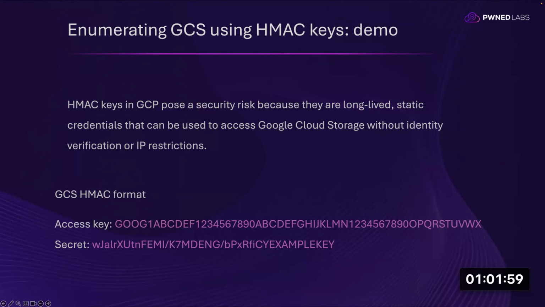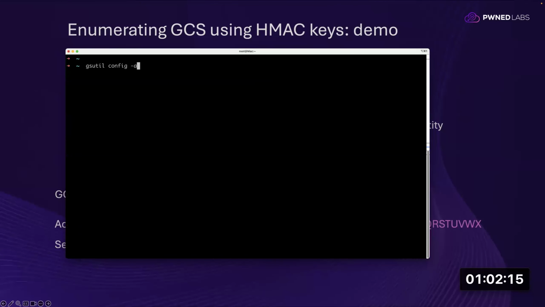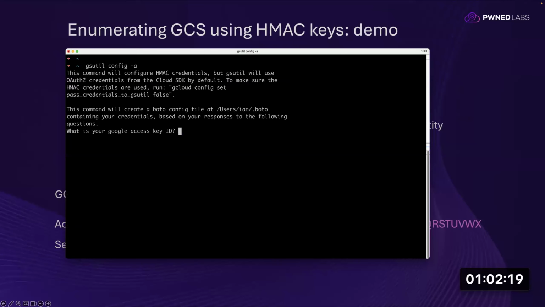So let's do a demo on this. If you recall from earlier, for cloud storage we can use gsutil. So let's go ahead and use gsutil. We can use the command gsutil config -a. It says this command will configure HMAC credentials, but gsutil will use OAuth2 credentials from the Cloud SDK by default.